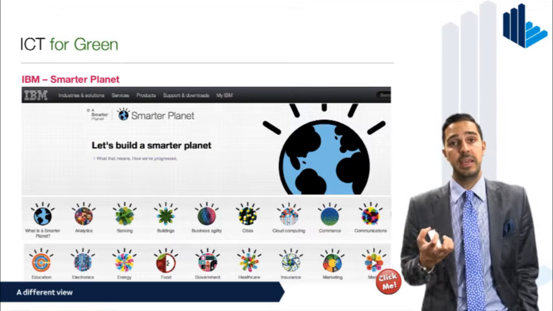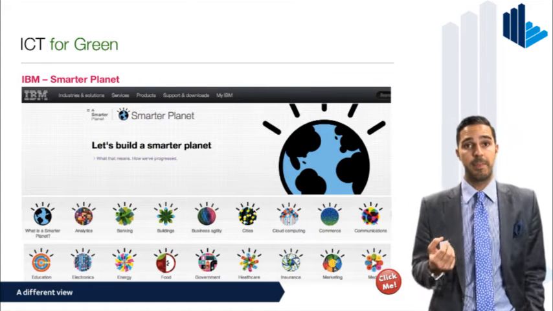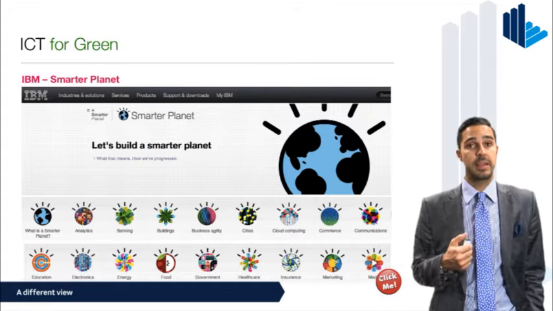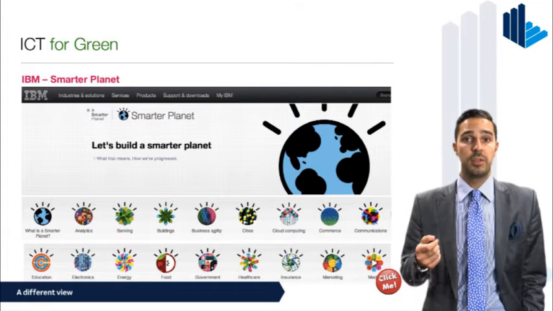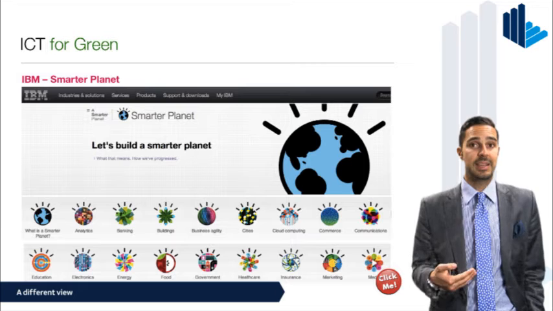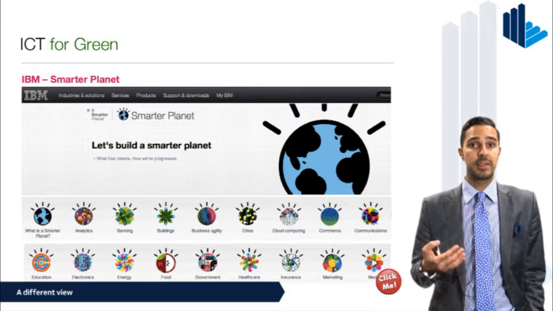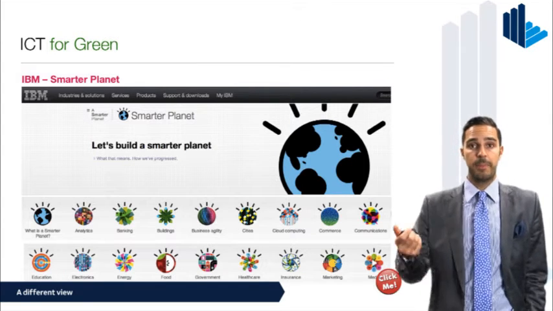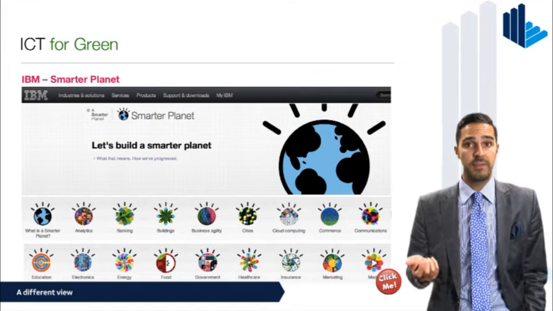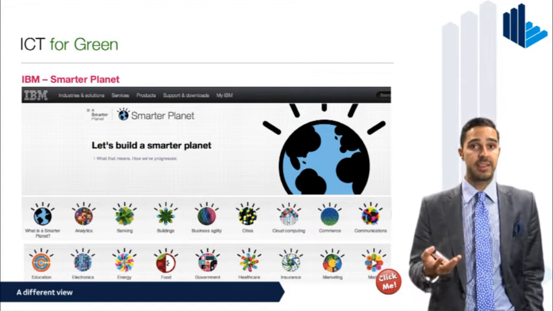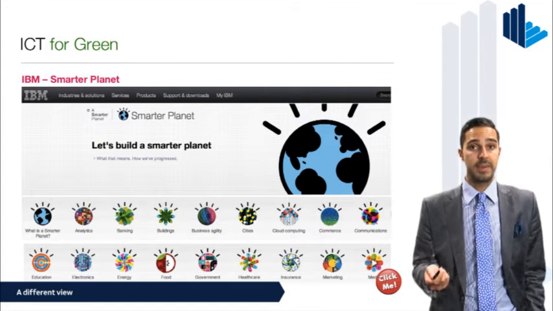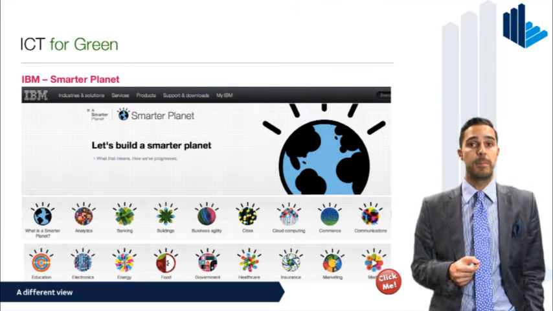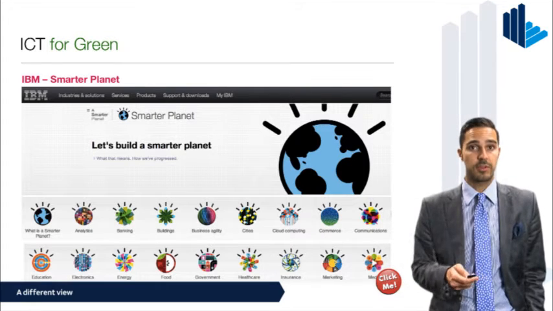This means they developed a number of software solutions and measurement systems to measure sustainability data in a business environment and to analyze sustainability data. I'm now going to show you a video where an executive of IBM introduces this new portfolio of solutions.